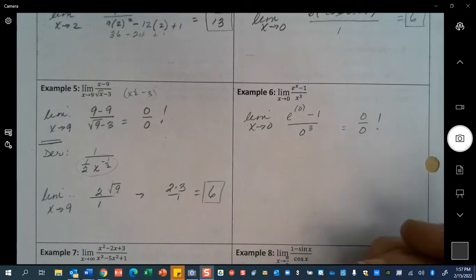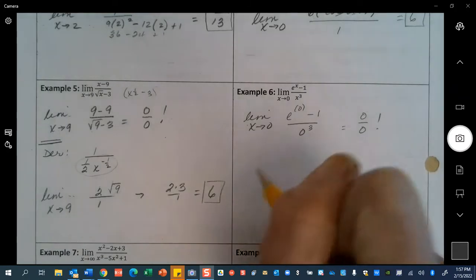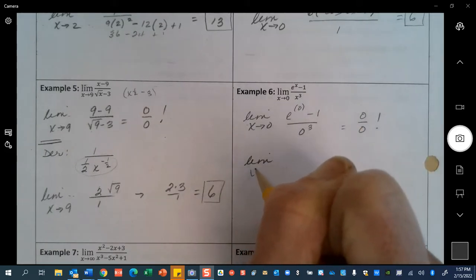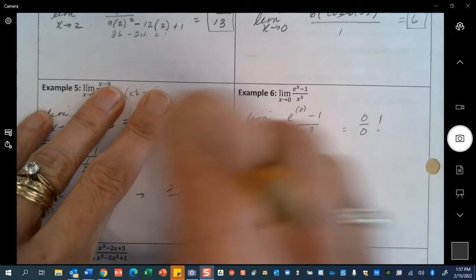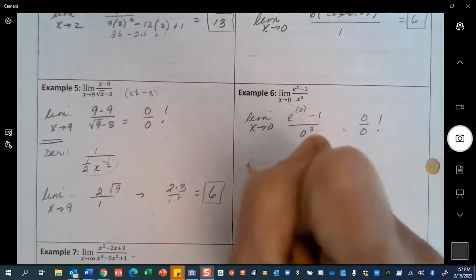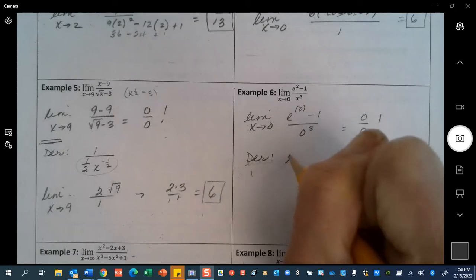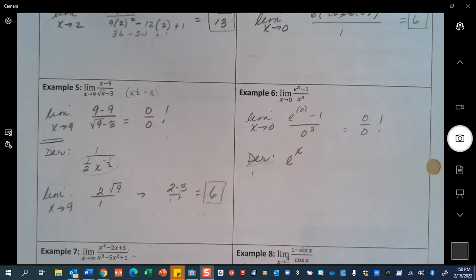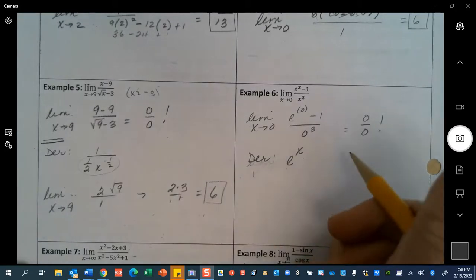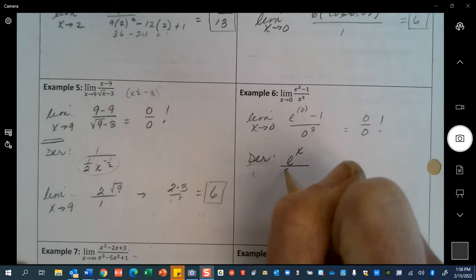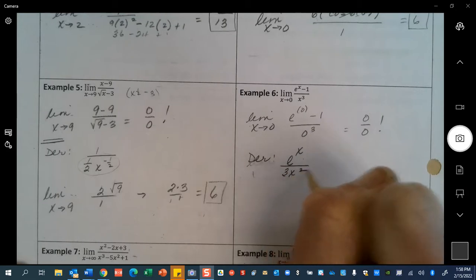Okay, so then let me take my derivative first. I'm going to take my derivative of my top and bottom. The derivative of e to the x is e to the x. And the derivative of x cubed is 3x squared.